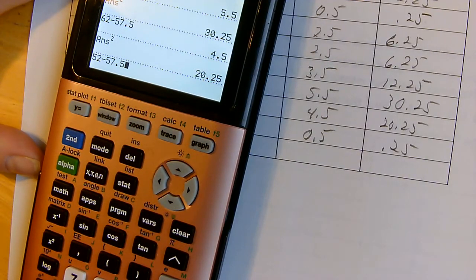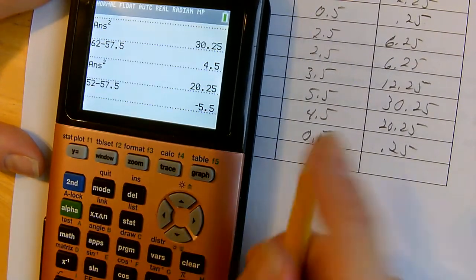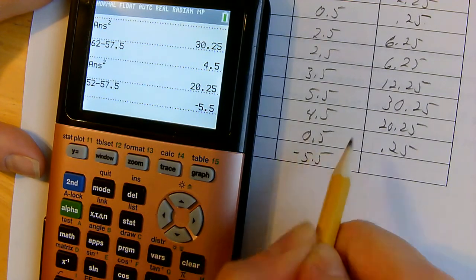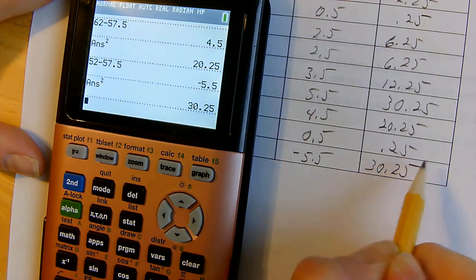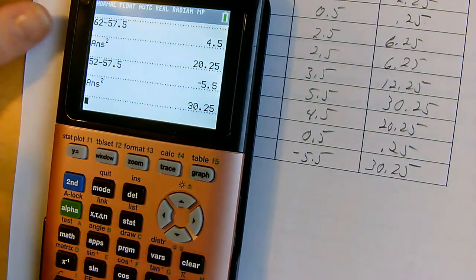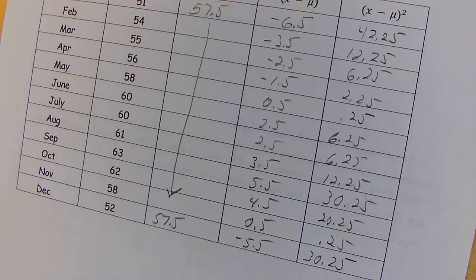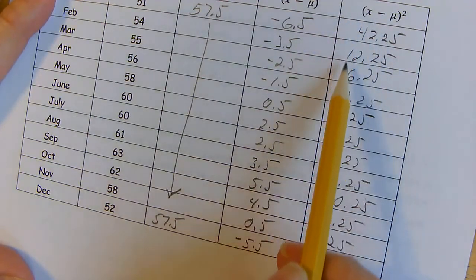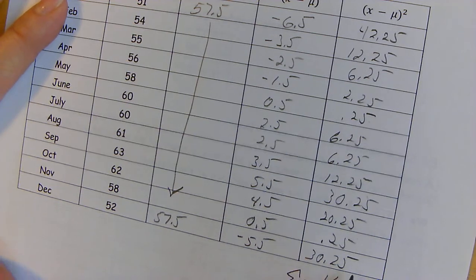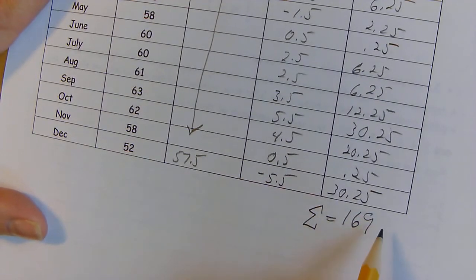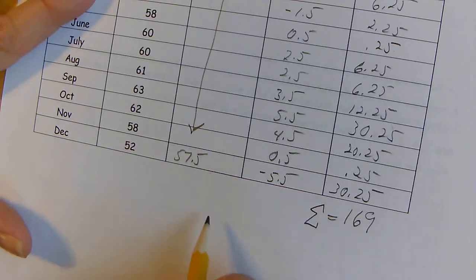52. Okay, so we completed that. The formula wants us to add this whole column up. The sum of this column is 169.